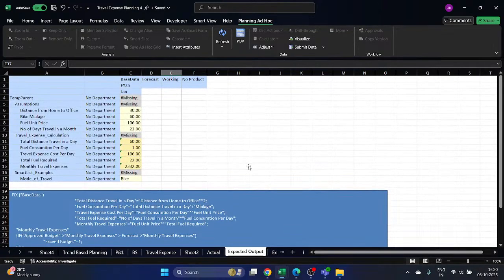Here you can see the base data forecast working, no product.